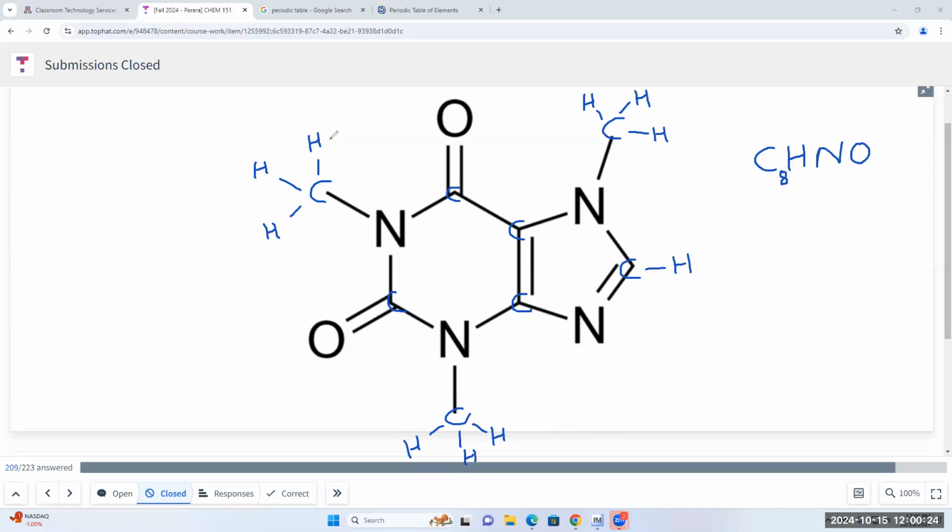Please let me know if I make a mistake. 8 carbon atoms. Hydrogens: 1, 2, 3, 4, 5, 6, 7, 8, 9, 10 hydrogens. Nitrogens: 1, 2, 3, 4 nitrogens. Oxygens: 2 of them. Here we go. So this should be my chemical formula for this structure.